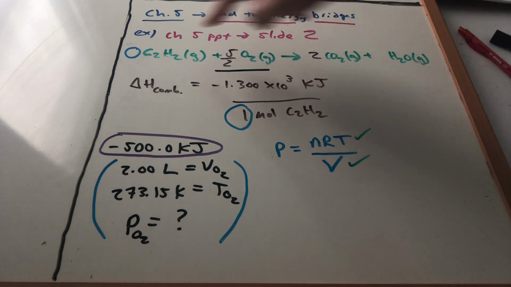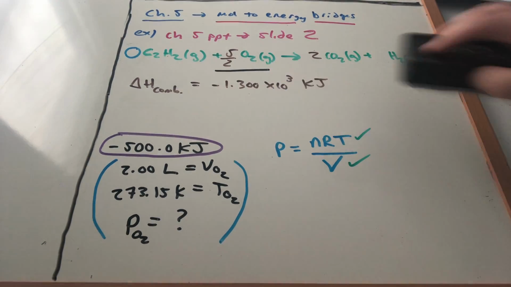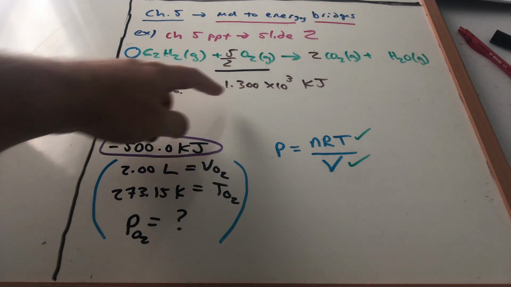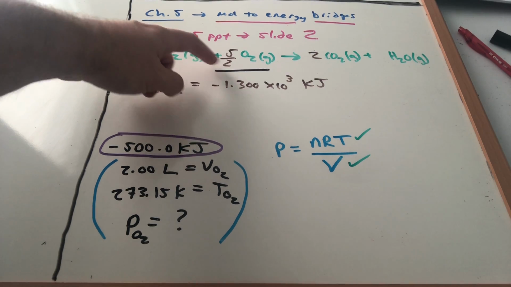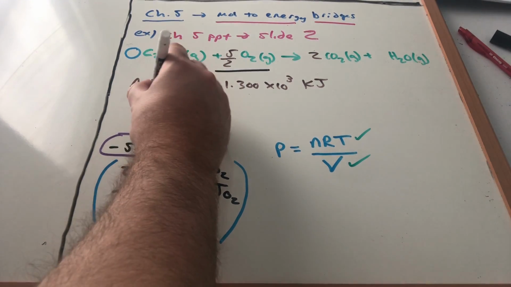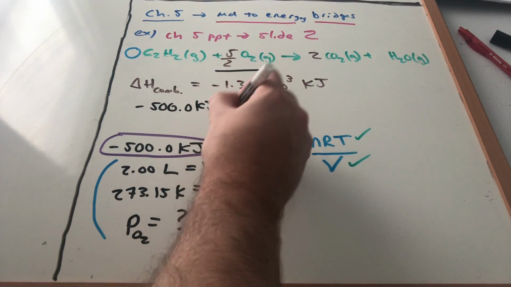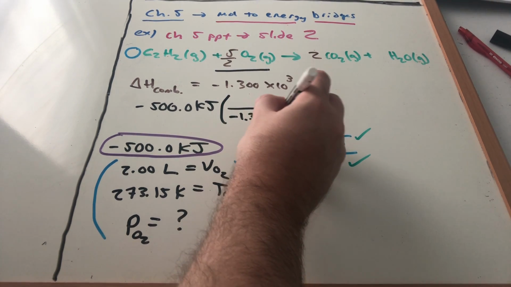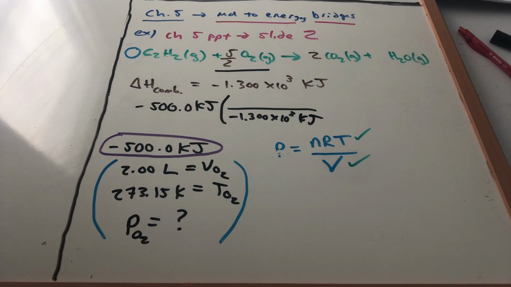So in this acetylene combustion, where we would write this delta H aside of this reaction, do you see a mole to energy relationship between the oxygen and energy? Hopefully you can see that there. So I would take my minus 500.0 kilojoules of energy.